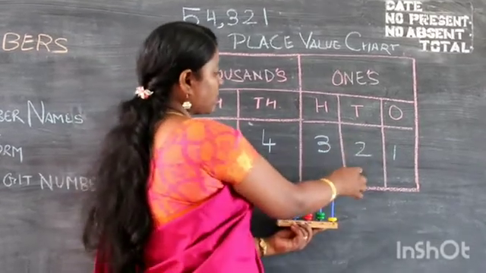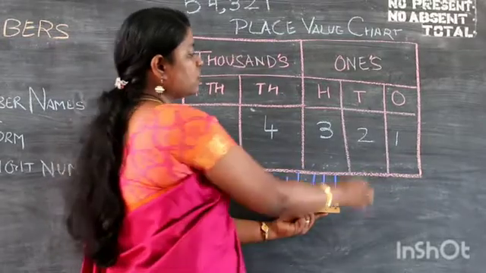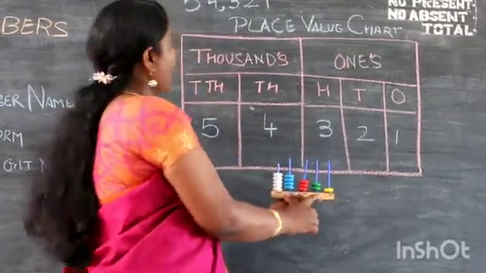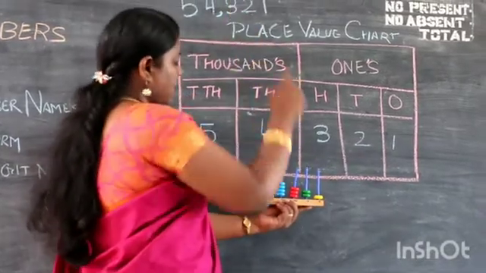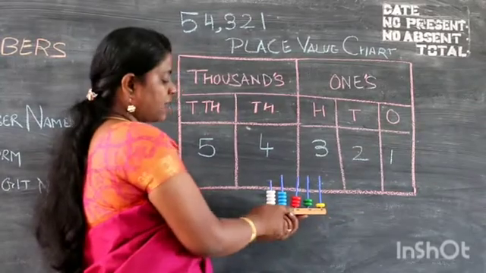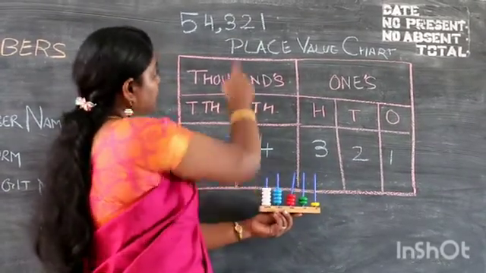In your second column you have 2 beads, right? These 2 beads denote 2 in the tens place. See the number 10 here? Okay, and then you have the number 3 in your hundreds place, right? See 100 here? Hundreds place you have 3 beads because it is a number 3.